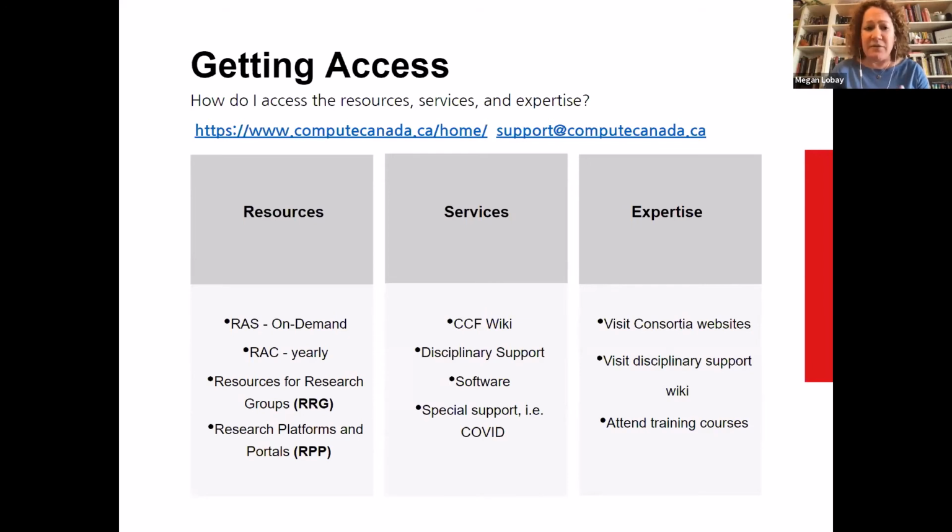It includes the information about the disciplinary support, the software available, and how to use your own software. And then also some information about special support. Compute Canada is offering specialized support right now to people doing research on COVID, for instance.